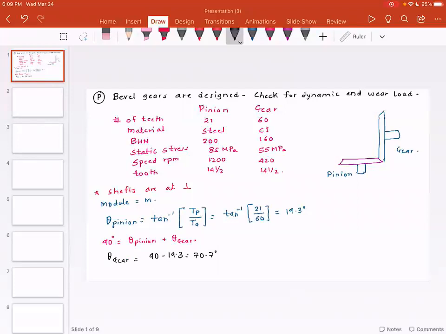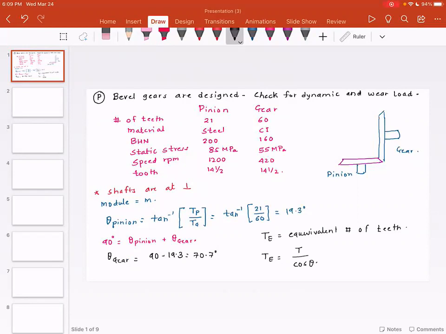Now please understand, 21 and 60 are the actual number of teeth. But what we need to find is TE, the equivalent number of teeth, and the equation for the equivalent number of teeth is T divided by cosine of theta.